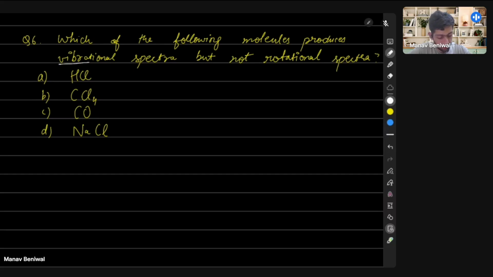So it should give us vibration but no rotational spectra. So I think this was discussed in the class that this is related to permanent dipole moment.